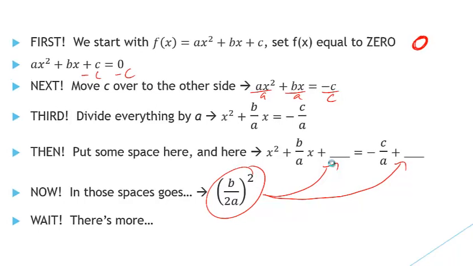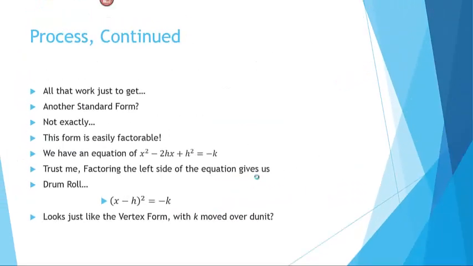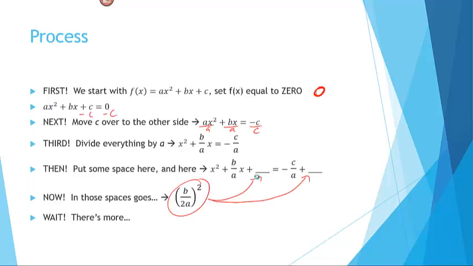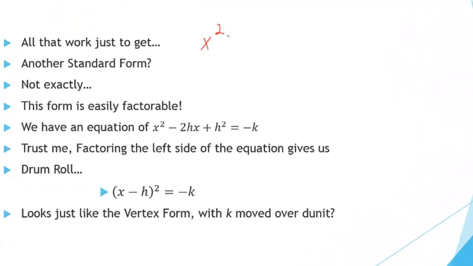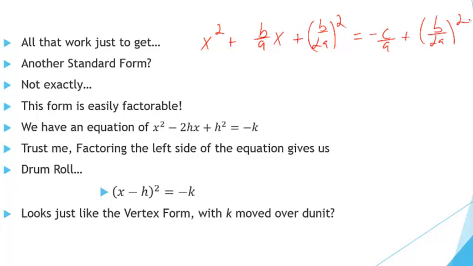But wait, there is more. All that work just to get another standard form, because right now we have x squared plus b divided by a x plus b divided by 2a squared equals negative c divided by a plus b divided by 2a squared.